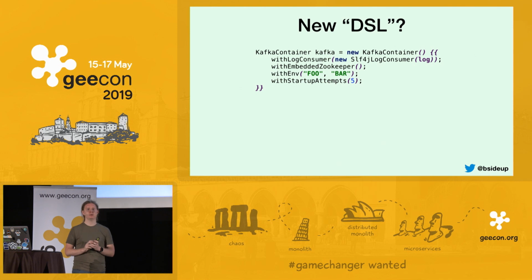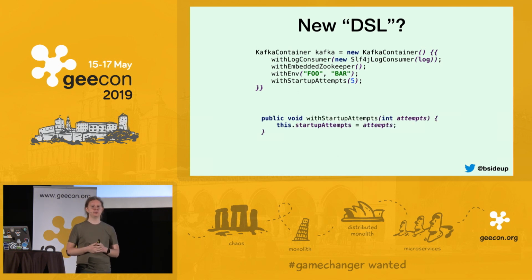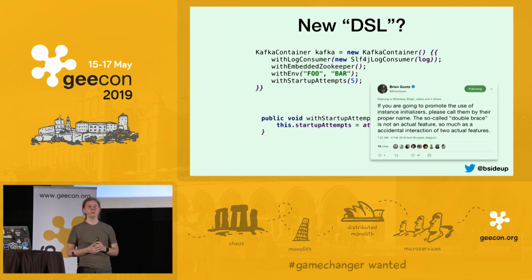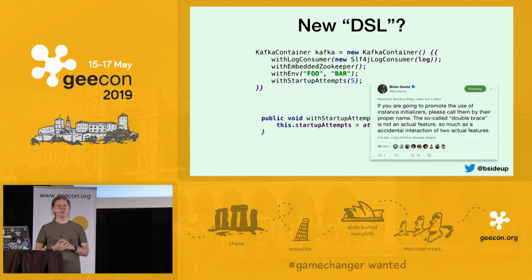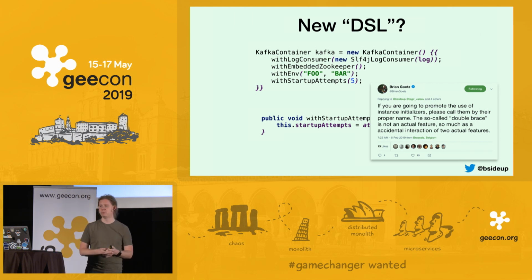That's a combination of 2 features, anonymous class and initializers. Some call it double brace initialization. And if we do it like this, we can define every with or set method as public void, because we don't need to return anything anymore. And be aware that some Java architects feel uneasy about this pattern, yet we were gathering feedback from the community, and nobody actually came up with a good reason why it's bad.